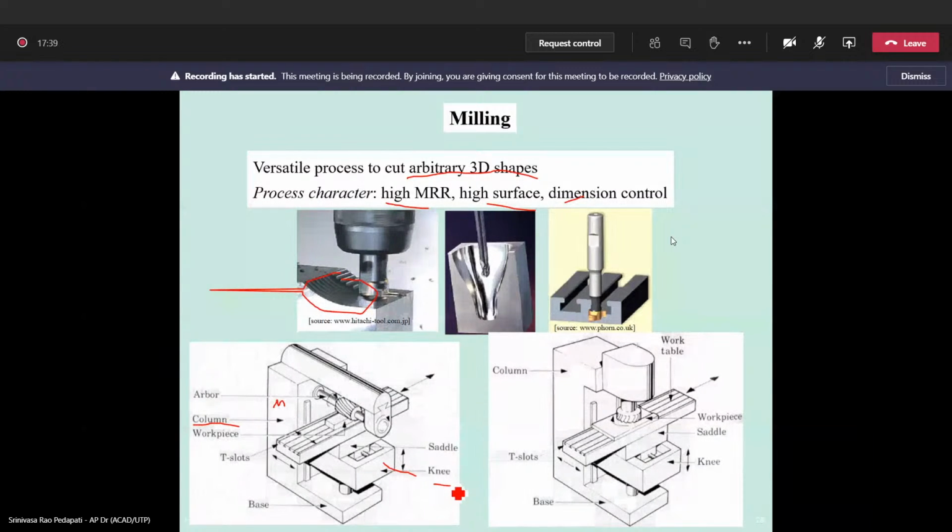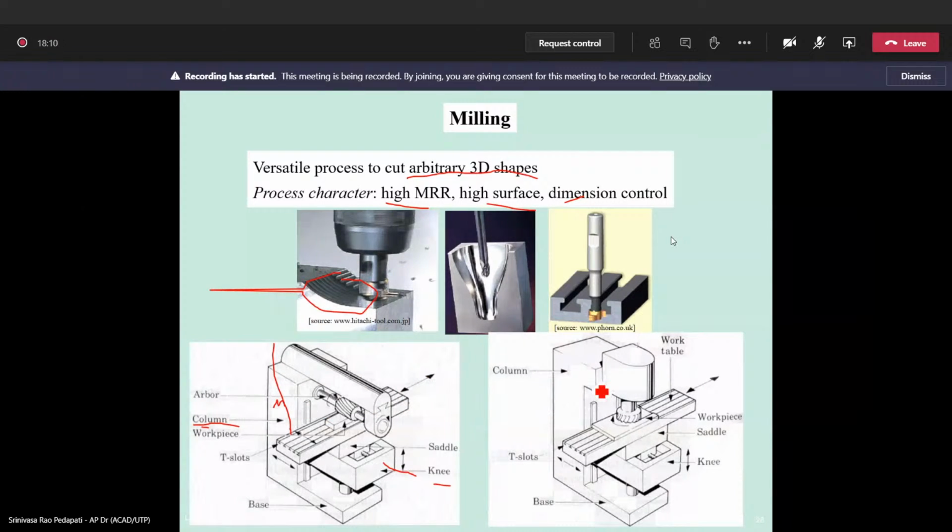We are not looking at the classification, but taking a very popular and widely used milling machine of this orientation. Column is the vertical one, and knee is this one. In the picture, both are column and knee type.